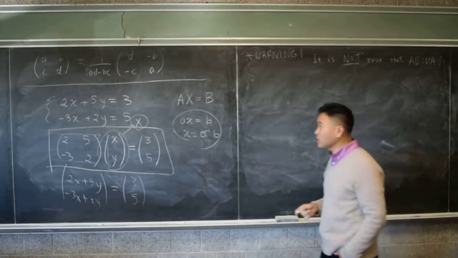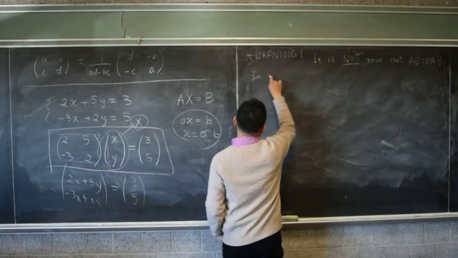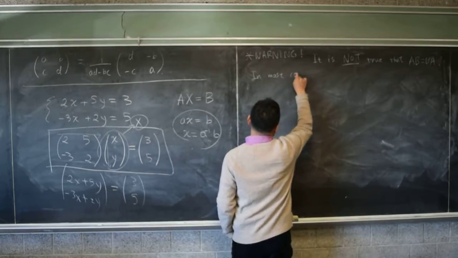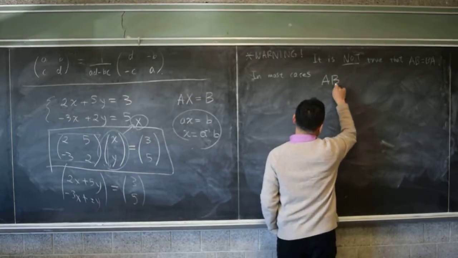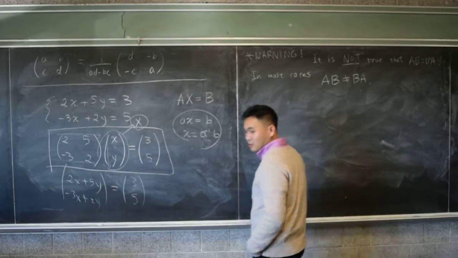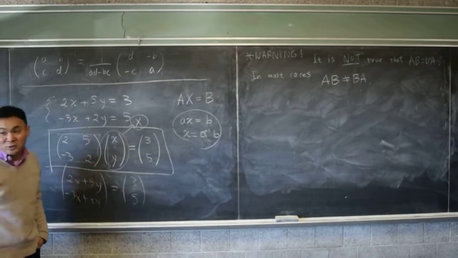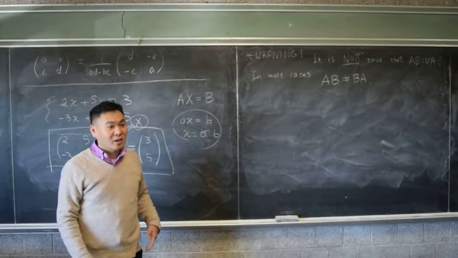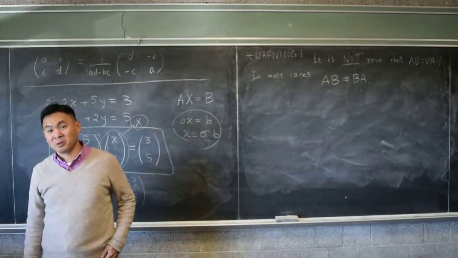This is not true. So in general, in most cases, A times B is not equal to B times A. So if you write two 2x2 matrices and you compute AB and BA, in most cases they will be different.